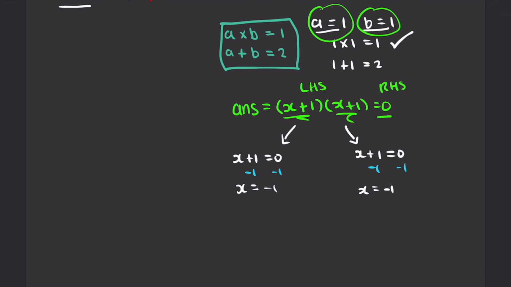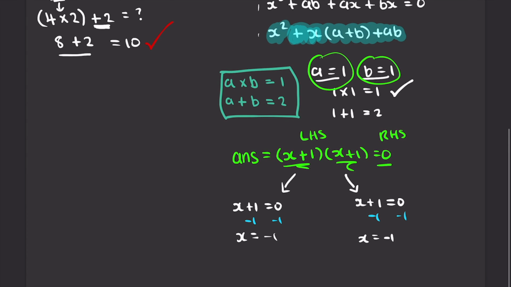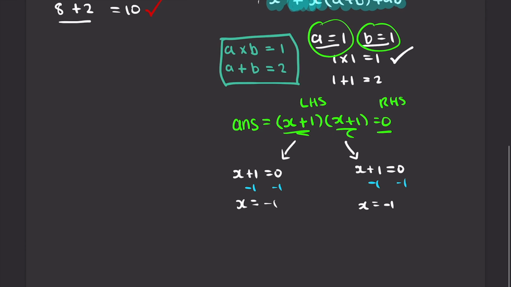So in this scenario, we don't have two different roots. We still have these two roots. These are considered two separate roots because a was 1 and b was 1, which is why we got the same root. But these would be considered two separate roots, but they're the same value. So you'll learn in the future that there's something called a discriminant, which will determine how many real roots you'll have.